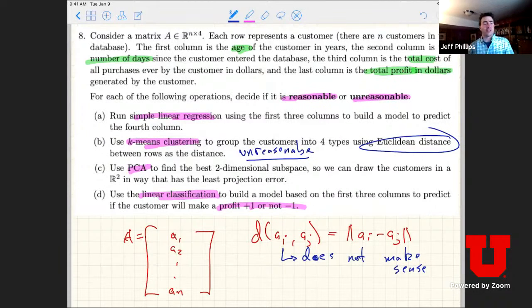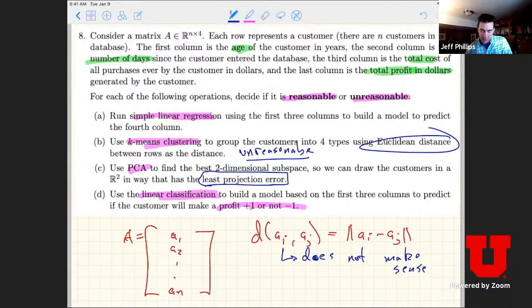If I change the units from dollars to cents, it completely changes the distance without changing the meaning of what I'm trying to analyze here. PCA is also a way where we do this least projection error.